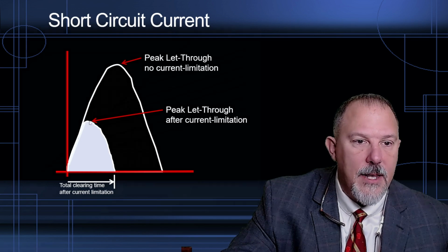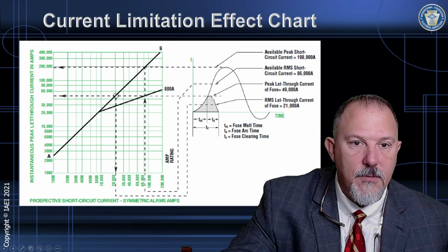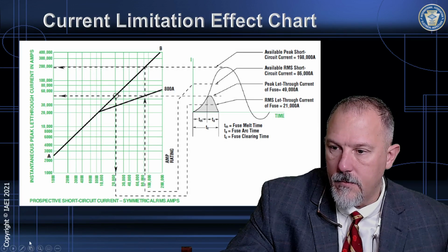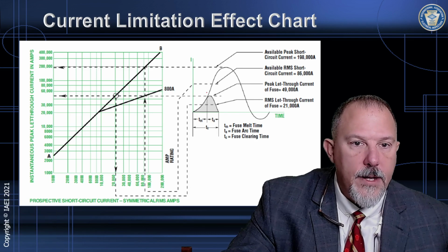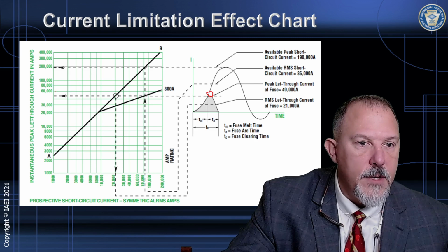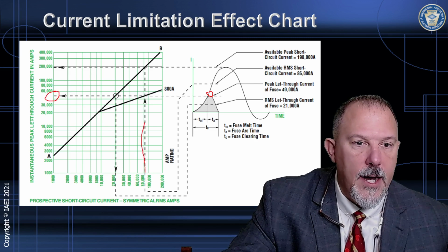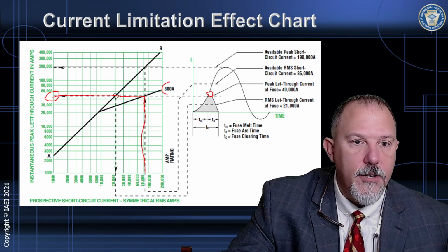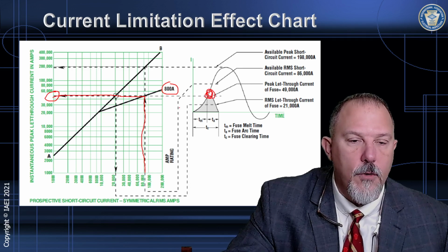This is my peak let-through based on the tables. All right, so there's my peak, and that would be this number over here, because I'm basically going up and over. For an 800 amp fuse, I'm determining this value by going up and over.